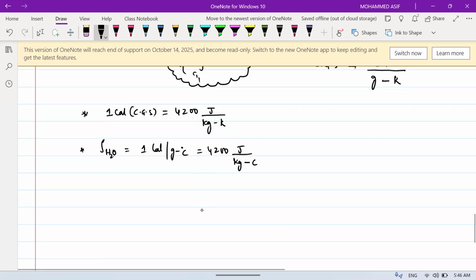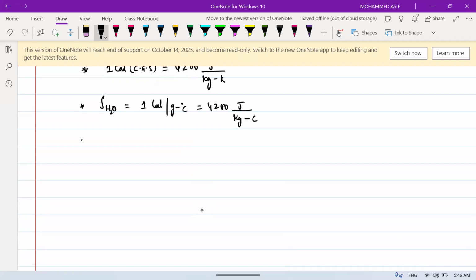One and the same. The same way, specific heat of ice. Does anyone remember what is specific heat of ice? It is 0.5 calorie per gram degree Celsius, or it is 2100 joule per kg Kelvin or degree Celsius, beta.